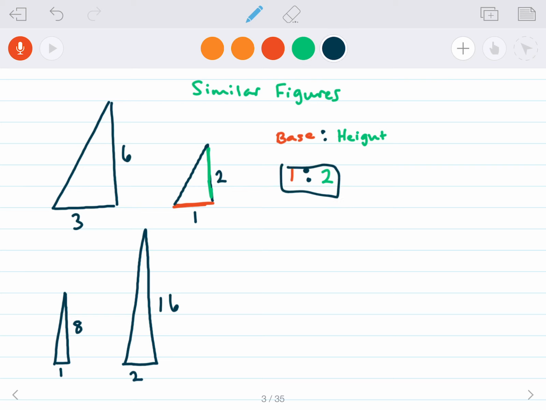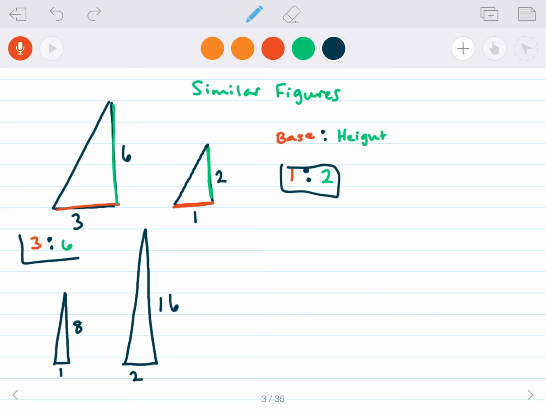Now, in the bigger triangle, we have a base of 3 and height of 6. So if we do our comparison here, we get 3 colon 6. And we can reduce 3 over 6, right? 3 goes into itself once, 3 goes into 6 twice, and so we can see that these are secretly the same ratio.